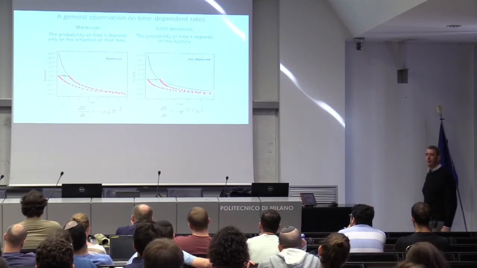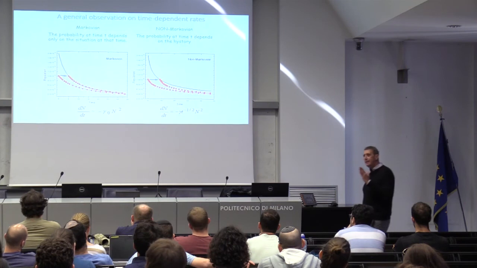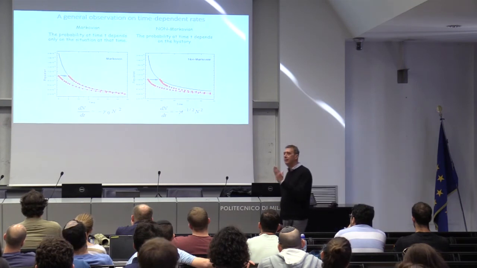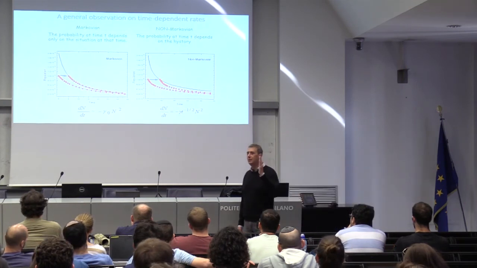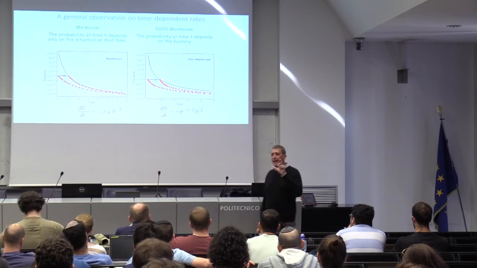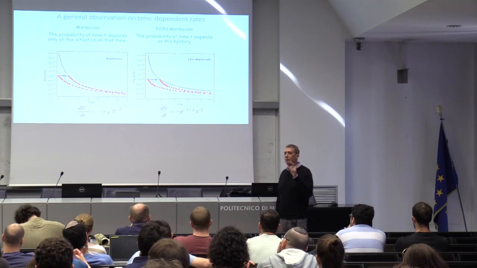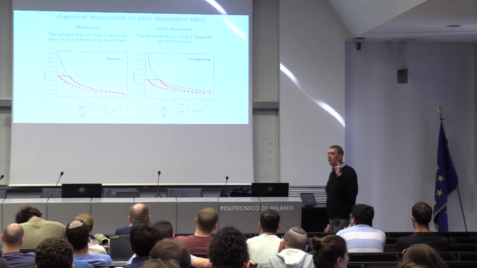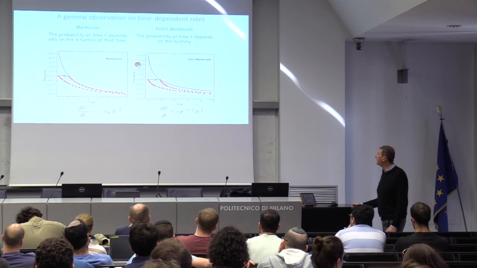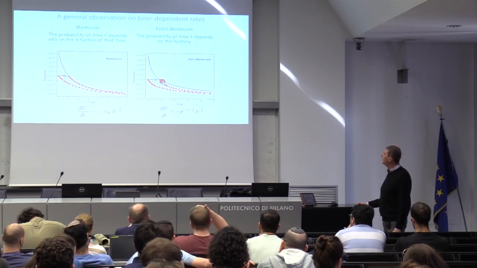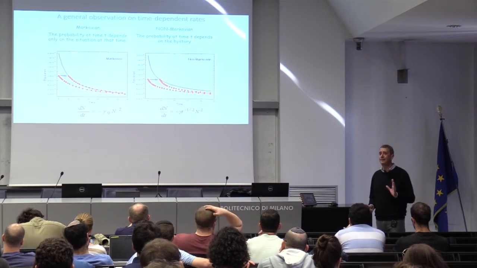If you have a non-Markovian process, the decay at a certain time depends on the history, because the non-Markovian process has a dependence on the distance in time from the origin. So what I showed you before was a non-Markovian behavior. That means that the same excitation density in this situation and in this situation give me a different decay time.